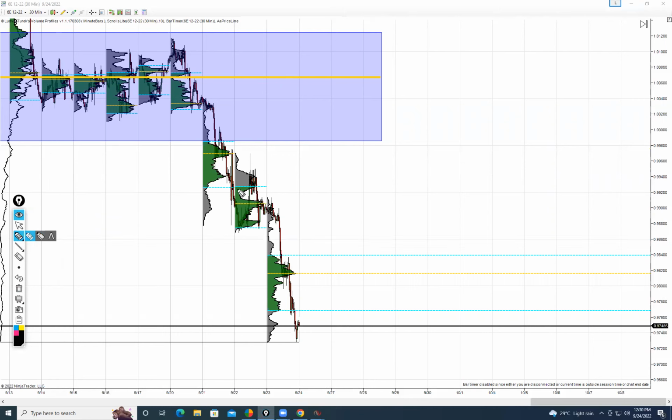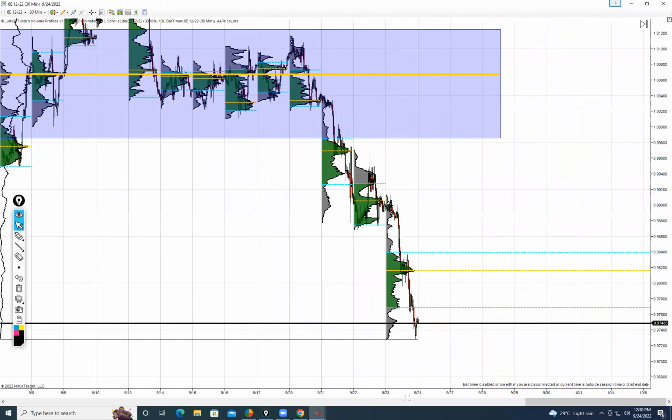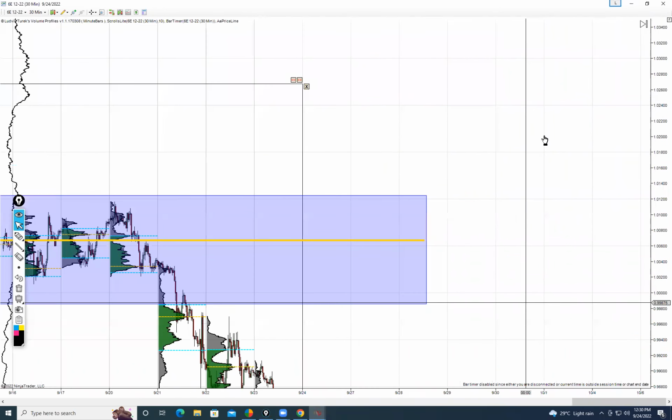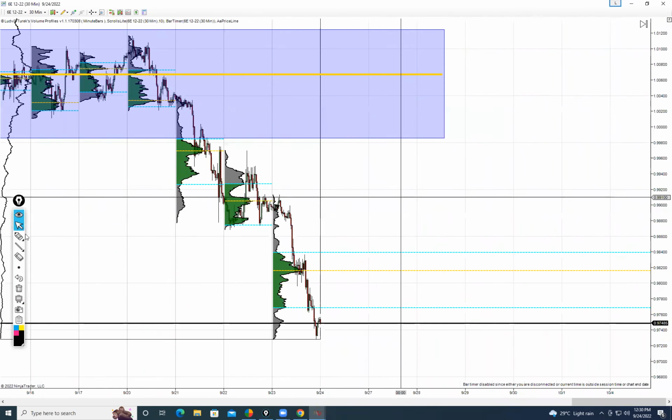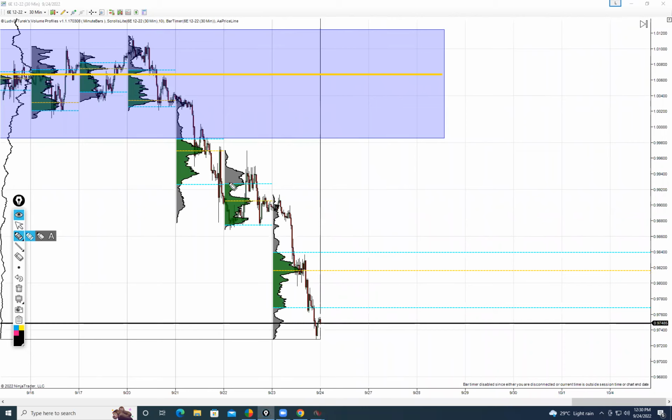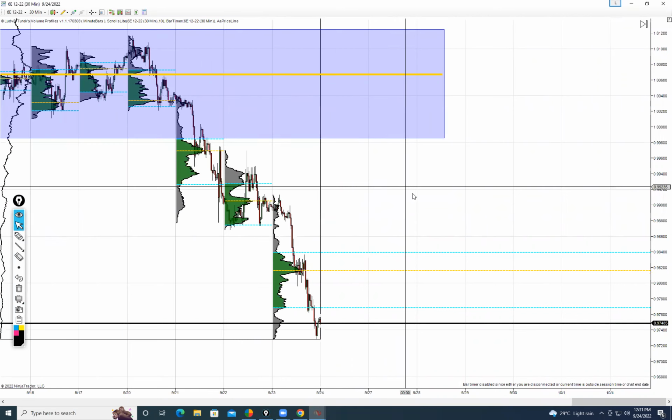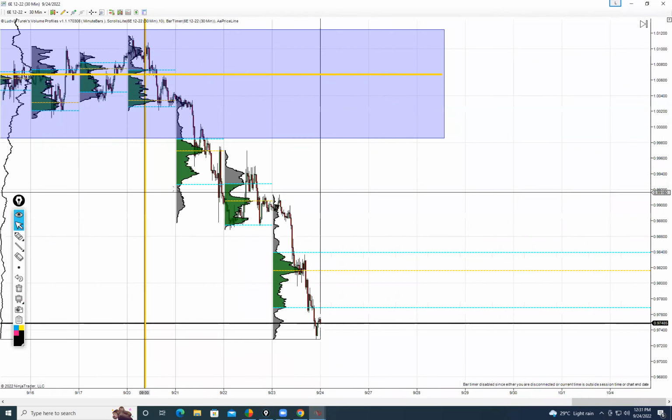Come Thursday, this looks to have an overlap. Yes, there's an overlap in here, very slight overlap. So we can just see what that did. These 2 days.